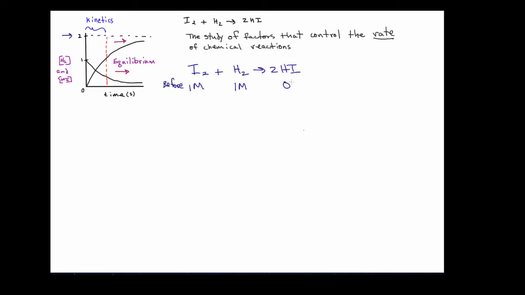This is the situation. After the reaction, in the way that I'm depicting this diagram here, the I2 and the H2 would be close to 0. So I'll put this little squiggly here meaning approximate, and the HI would be close to 2 molar, which is what you would expect for the stoichiometry if this reaction went to completion.